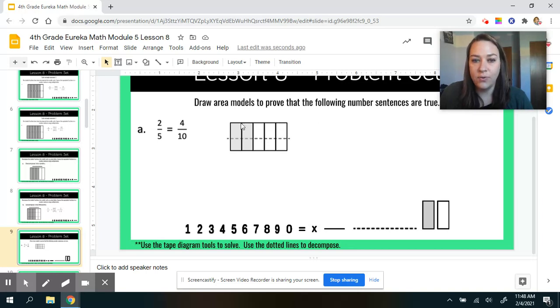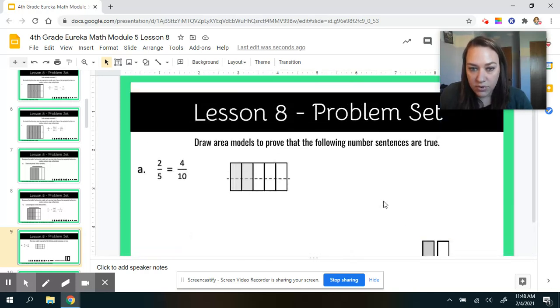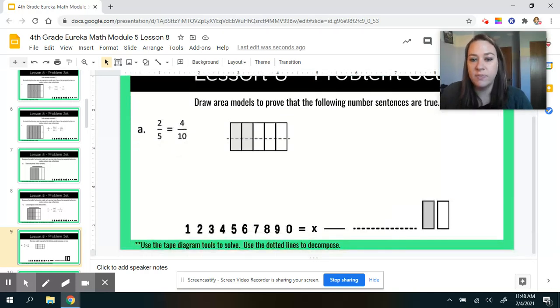Yes, I have 4/10. So it doesn't want us to write the multiplication sentence on that one. So we just had to prove it with the area model. 5 times 2, 10. 2 times 2, 4. So yes, 2/5 is equivalent to 4/10.